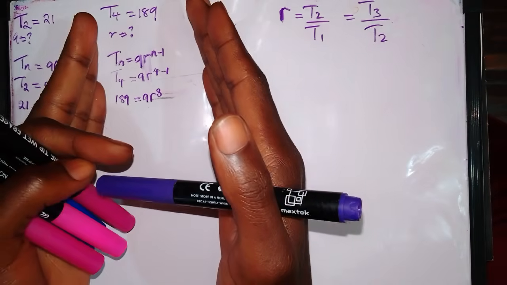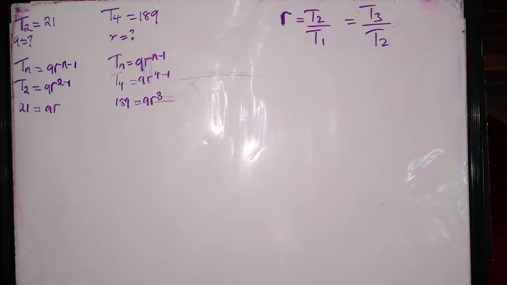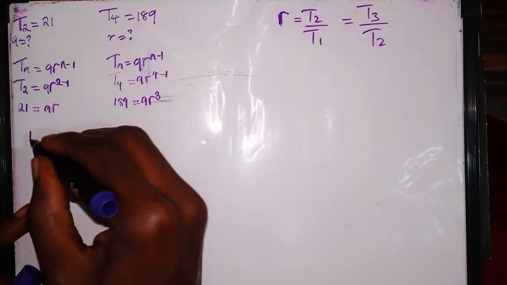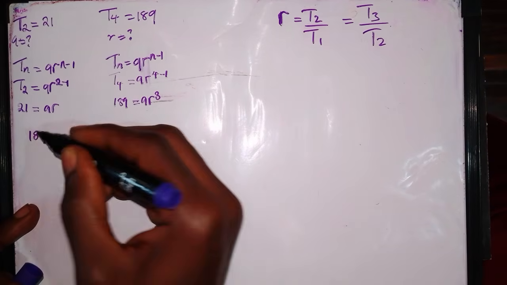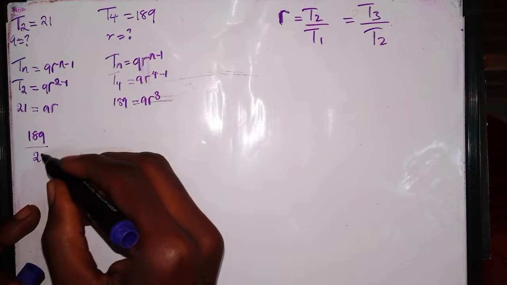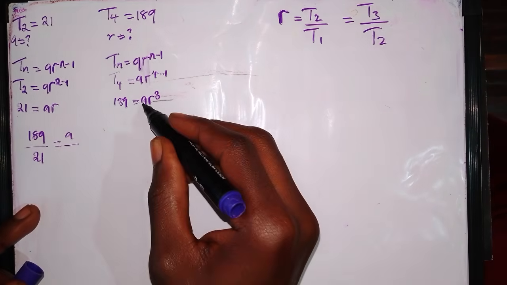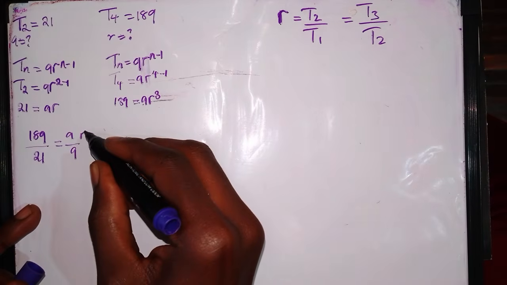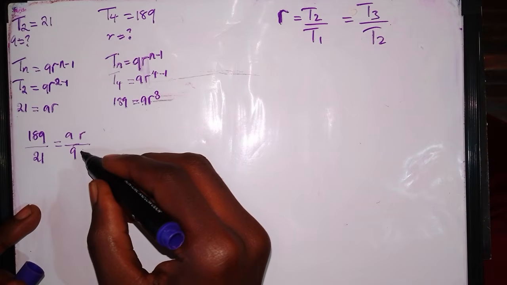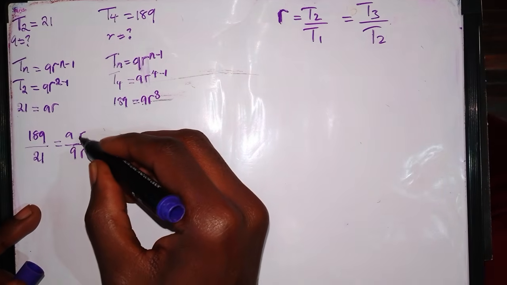Everything here, we are going to divide it with everything here. So we are going to say 189 divided by 21 is equal to A R to the power 3 divided by A R.